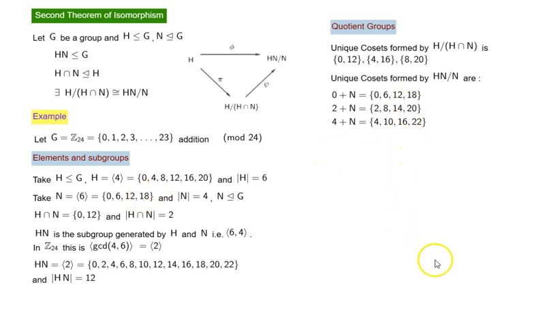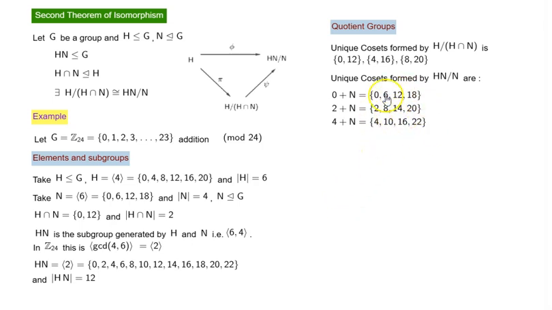Now, we don't really have to go through all the cosets. Look at this: 0, 2, 4, 6, 8, 10, 12, 14, 16, 18, 20, 22. All the elements of HN are there in one of these sets. So whatever we get further as we go along will be a permutation of these.